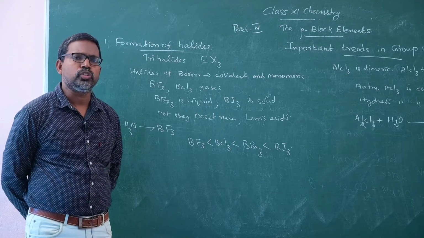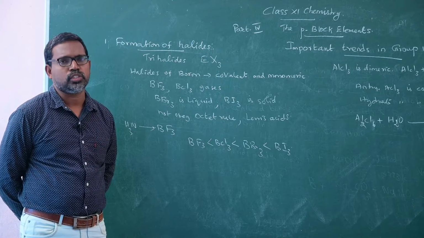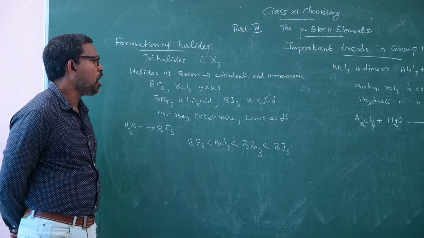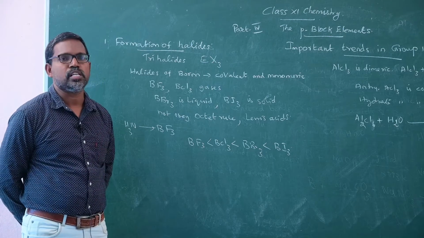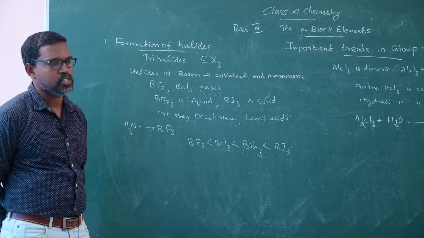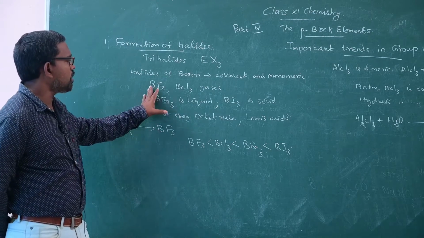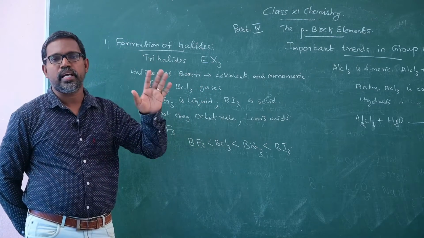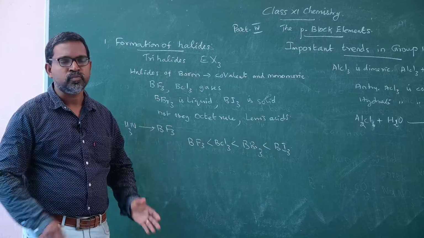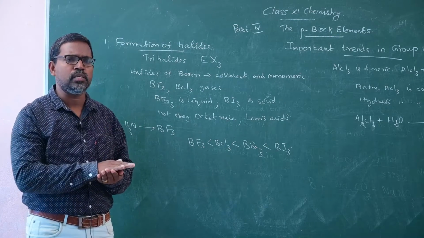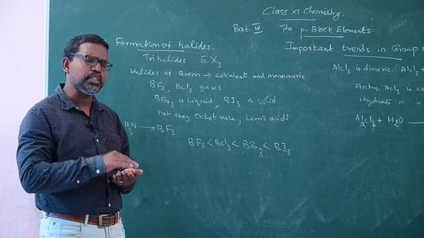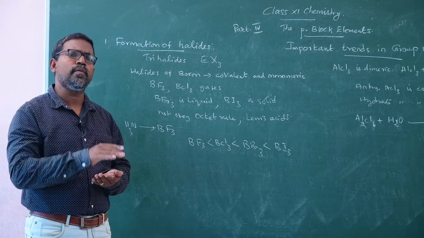Boron does not obey the octet rule, and it behaves as a Lewis acid. These compounds are electron deficient, therefore they behave as Lewis acids. They readily combine with bases to form adducts, especially coordinate covalent compounds.